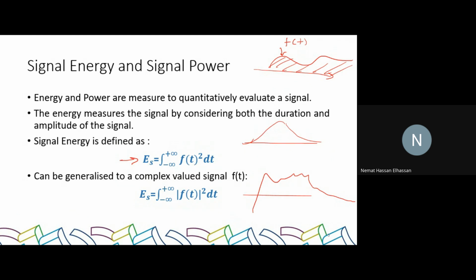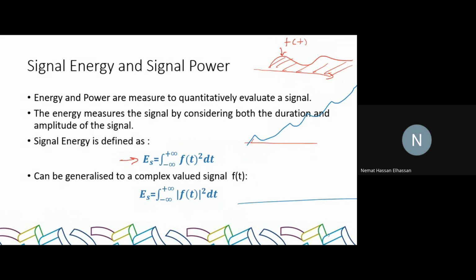Now, in contrast, what if we have a signal that looks something like this, and it's extending. What is the area under that signal? Infinite. So if I say the energy is infinite, is energy a true measure? No, because you cannot measure a signal that looks like this.